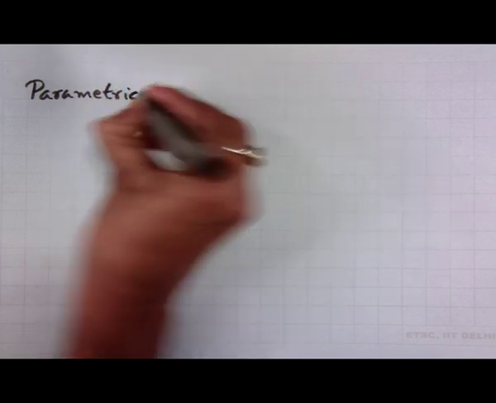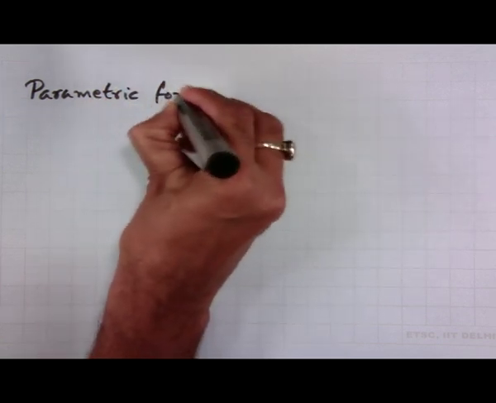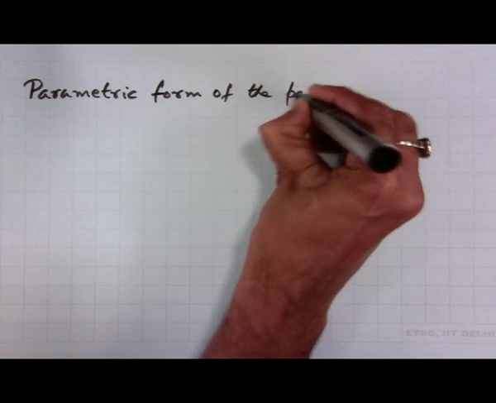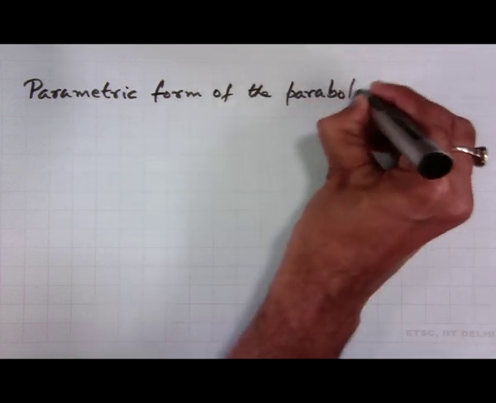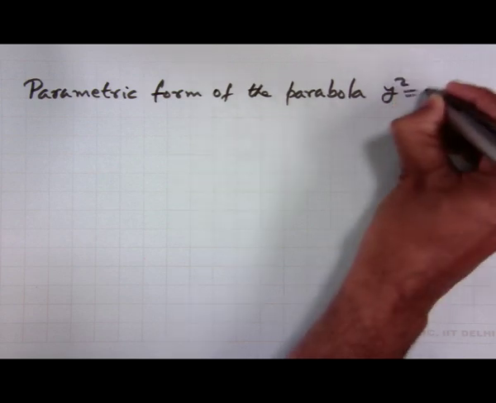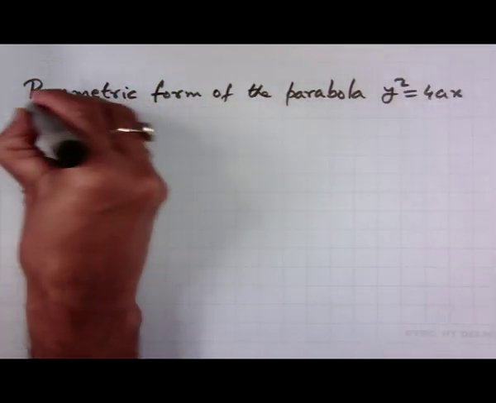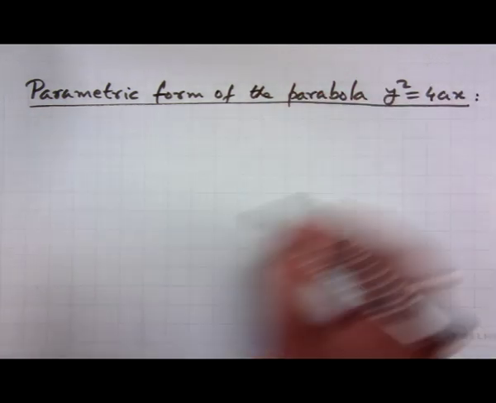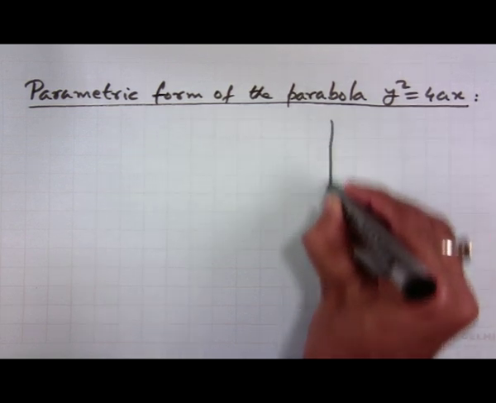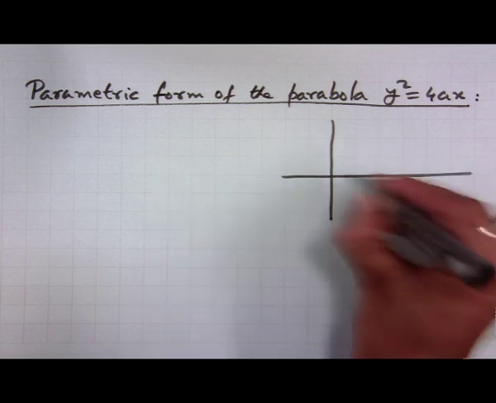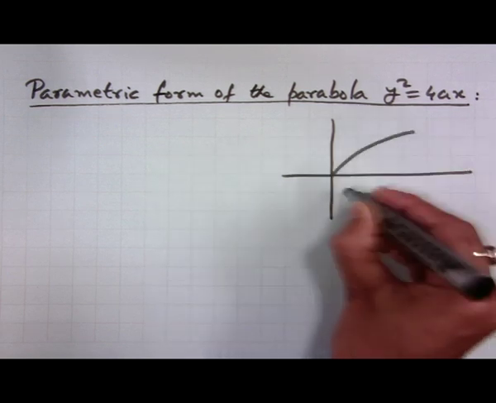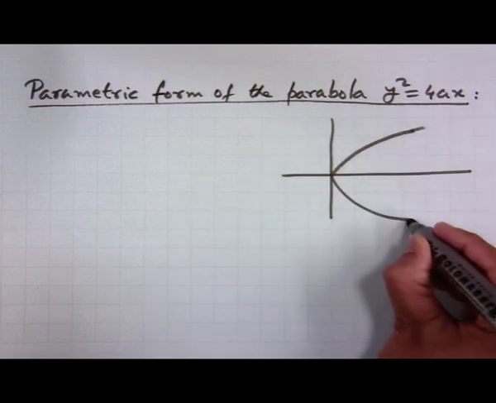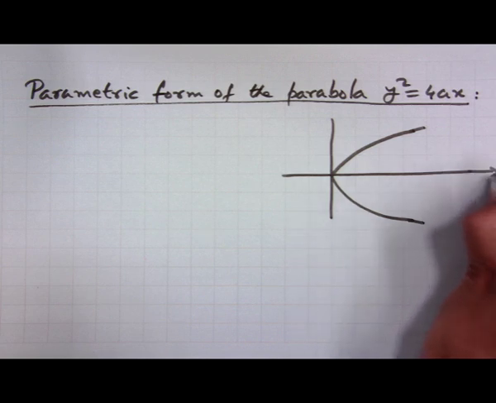Parametric form of the parabola y square equal to 4 a x. Note that for this parabola, x is always non-negative and y can be negative as well as positive.